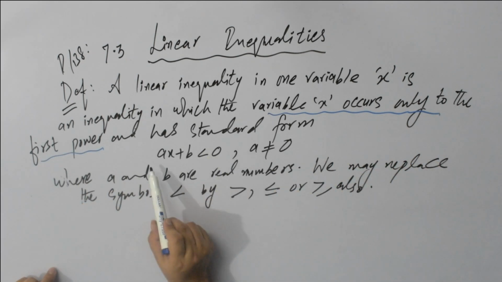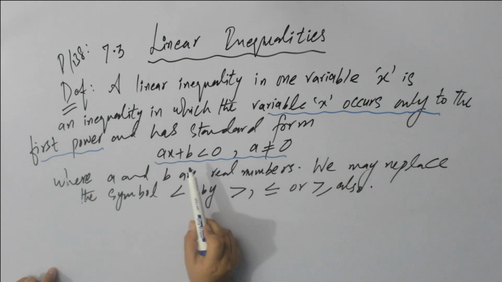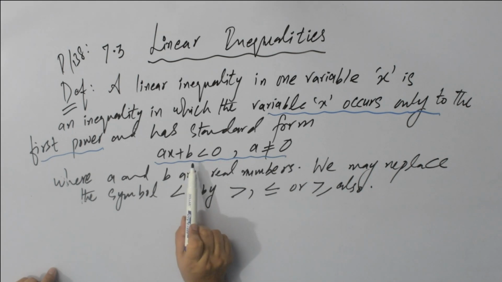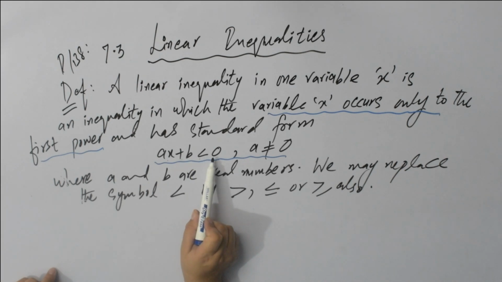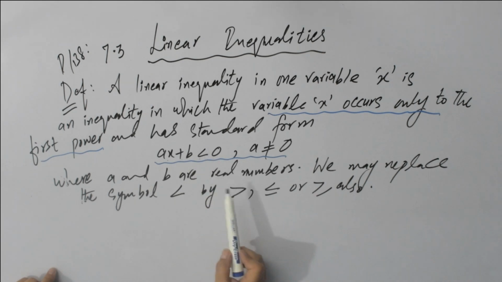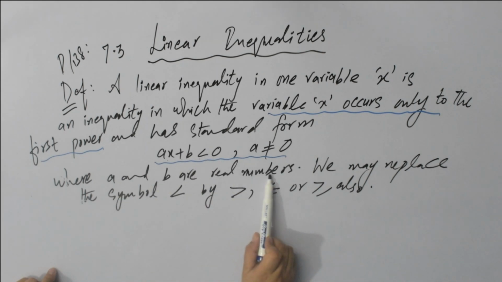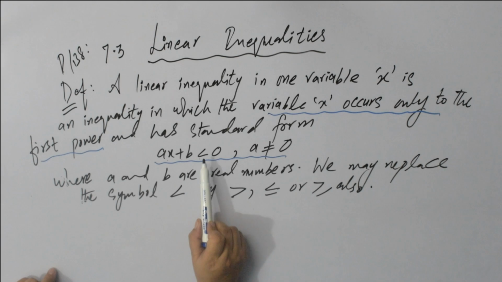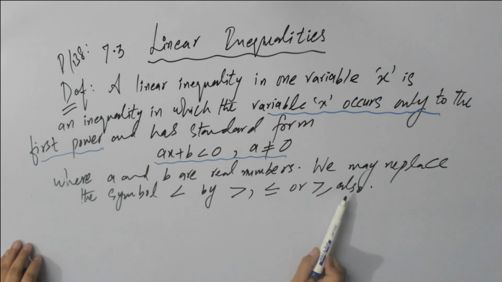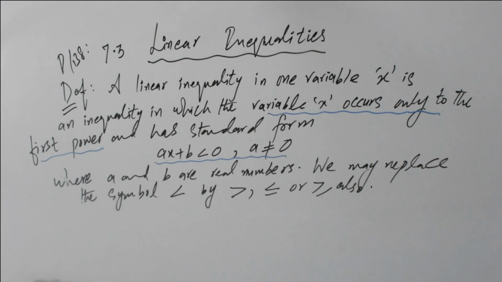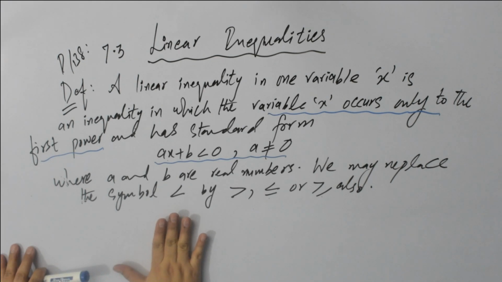This is the standard form of a linear inequality: ax plus b is less than 0, where a and b are real numbers. You can replace this symbol by greater than, less than or equal to, or greater than or equal to also. Students, this is your definition of a linear inequality.